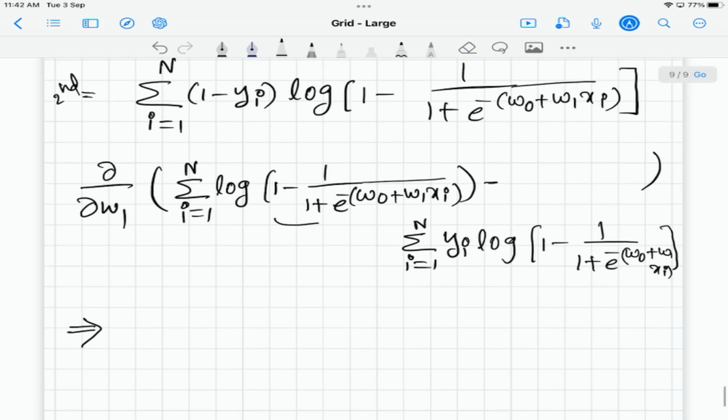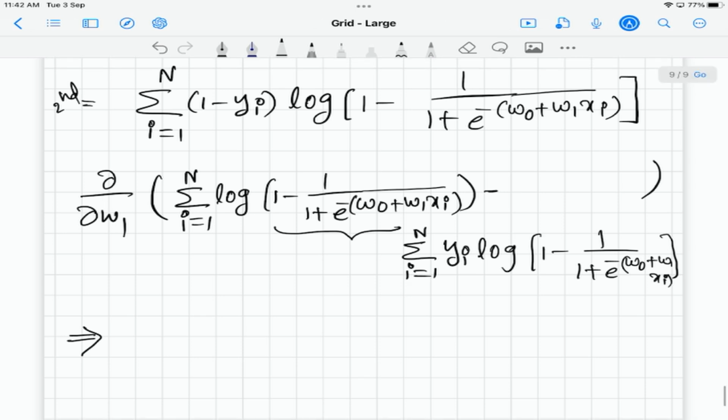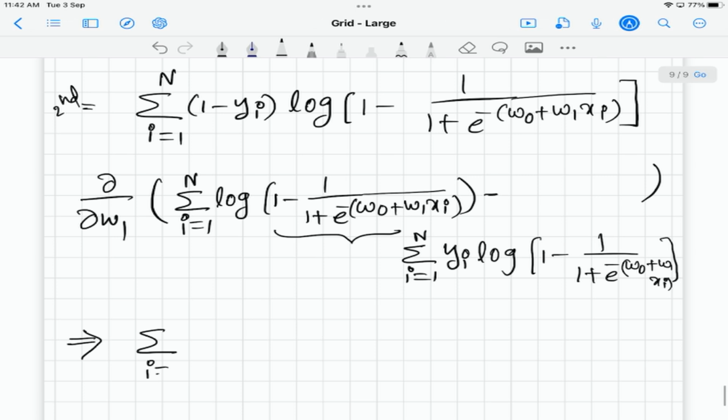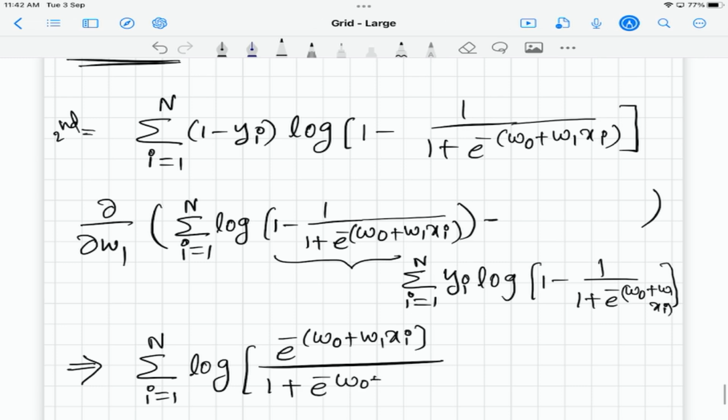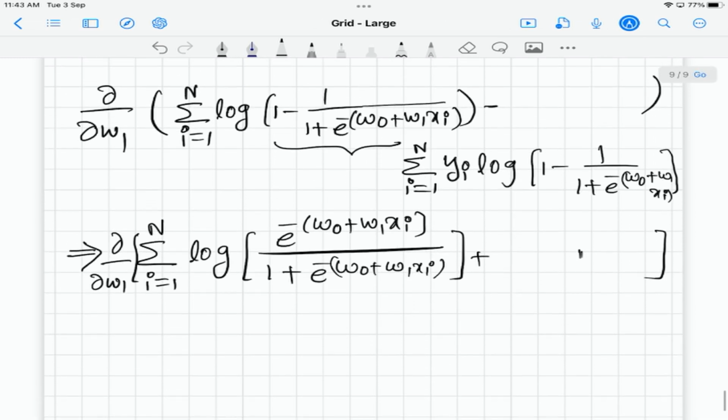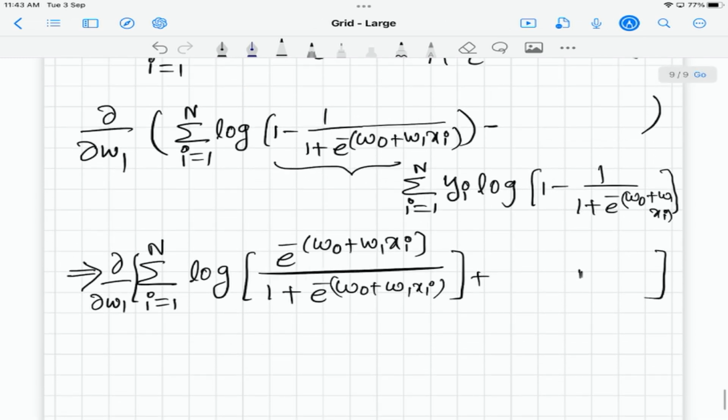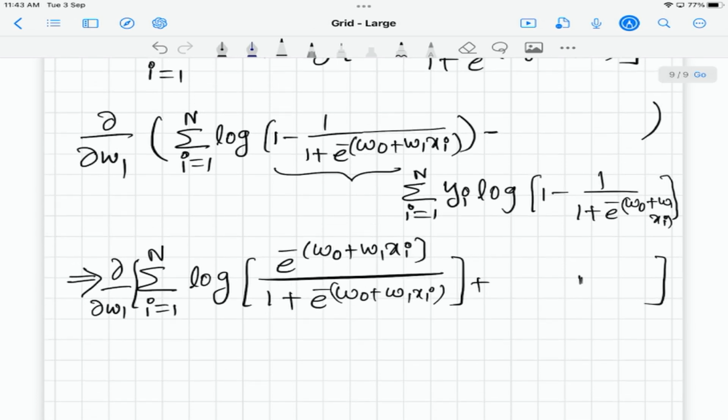What happened to this expression inside log? Can you simplify the expression inside log and then take your derivative inside the summation?